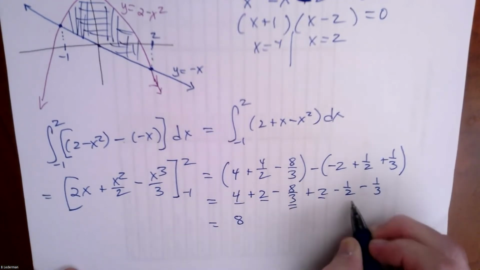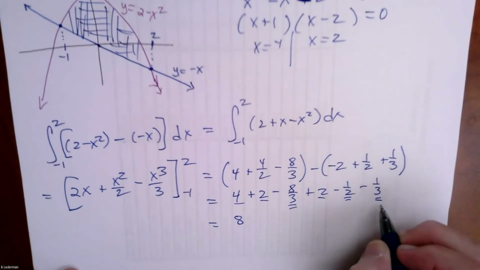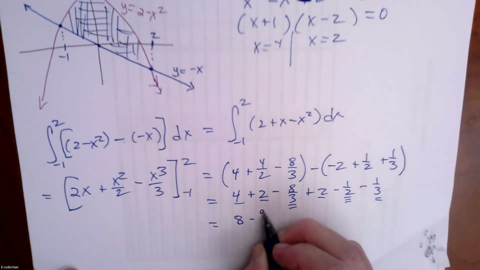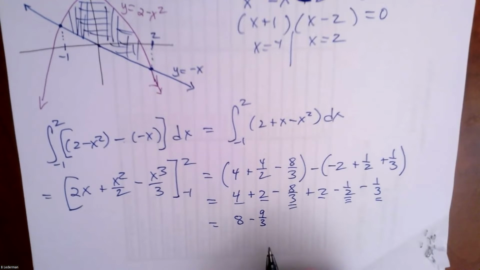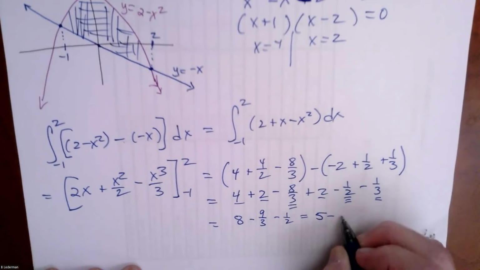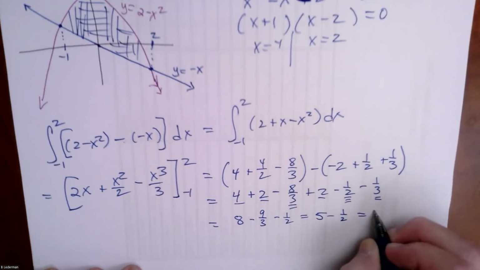The minus 8/3 and the minus 1/3 becomes minus 9/3, and of course 9/3 is just equal to 3. And then the last thing I have is minus 1/2. So this equals 5 minus 1/2, which equals 4.5.